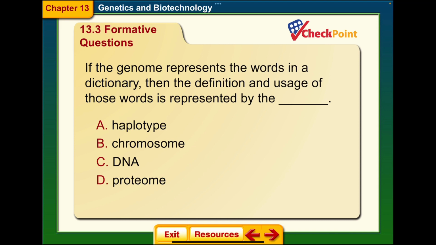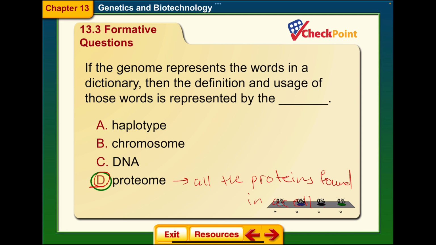We talked about this in the last video: if the genome represents the words, then the proteome, which means all the proteins found in a cell, provides the definition of these words and how these words are used in a sentence. So the answer is D, proteome.